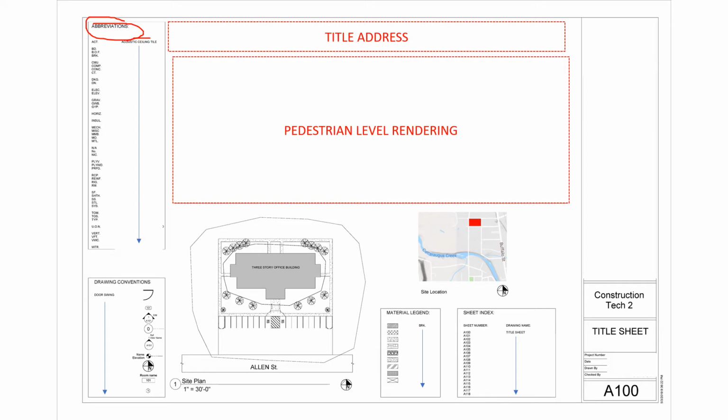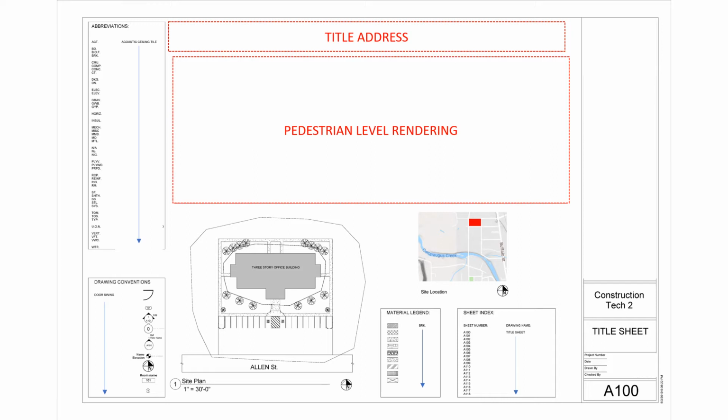So for example, ACT, acoustic ceiling tile, bottom of footer, concrete masonry unit, polyvinyl, right? So just do this all the way down and make sure that all of the abbreviations that you use throughout your entire document set are represented here.